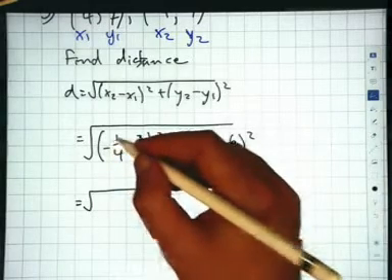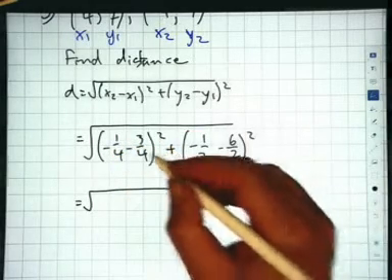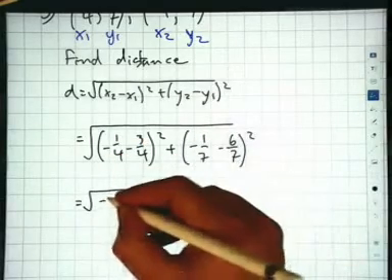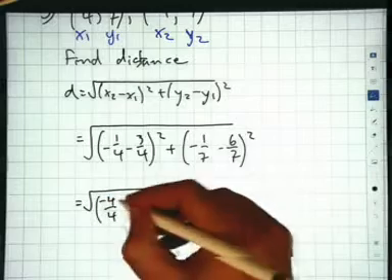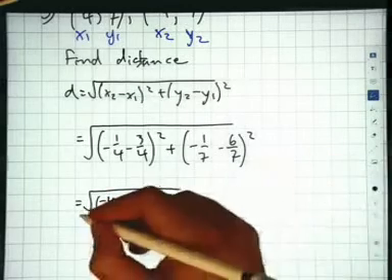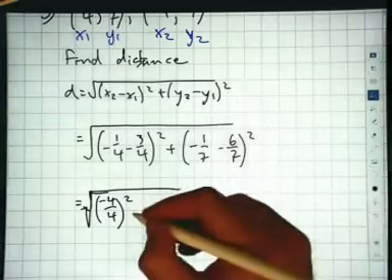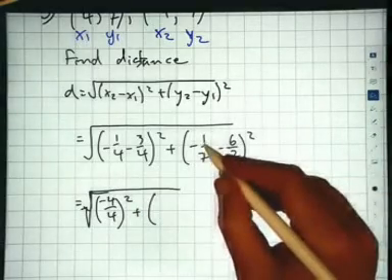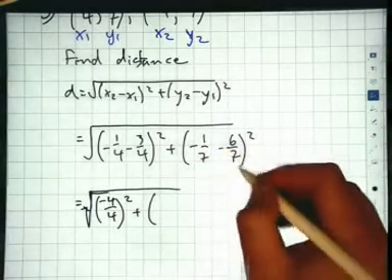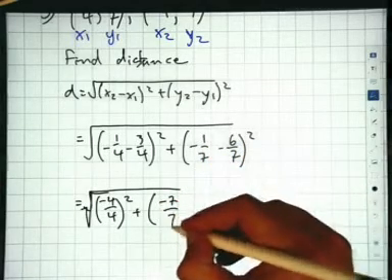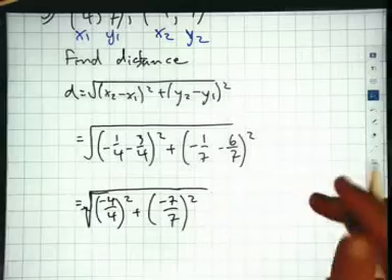Negative 1/4 minus 3/4, that's going to be negative 1 minus 3, that's going to be negative 4/4 quantity squared. Negative 1/7 minus 6/7, negative 1 minus 6 is going to be negative 7/7 quantity squared.